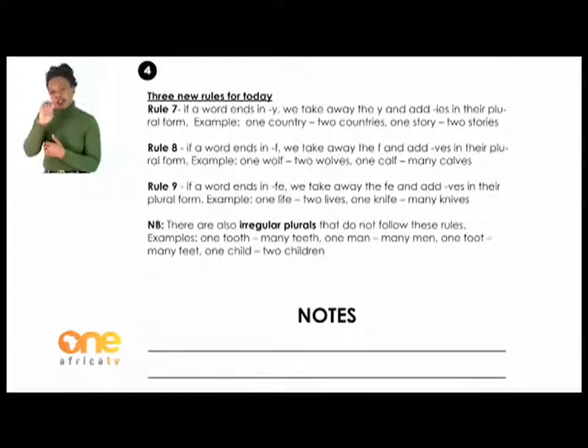Man, with MAN, will change completely to MEN, men. Foot, feet. Child, children. Guys, let's remember these rules are very important. Remember, our basic competence is to be able to change nouns and follow the rules, turning them into their plural forms.